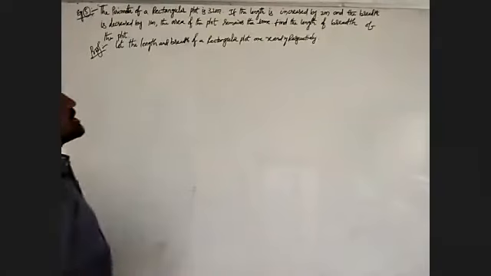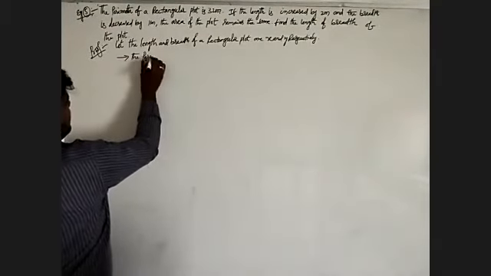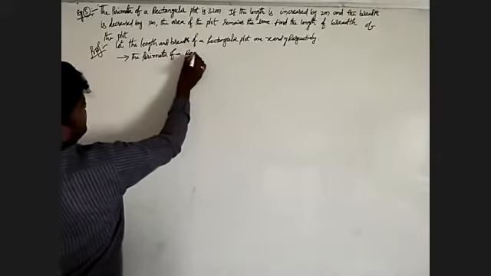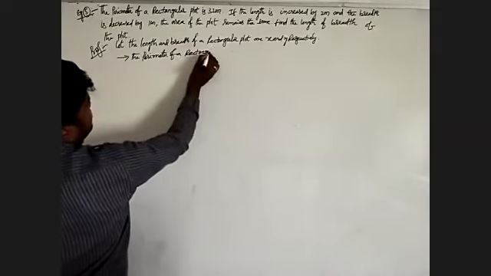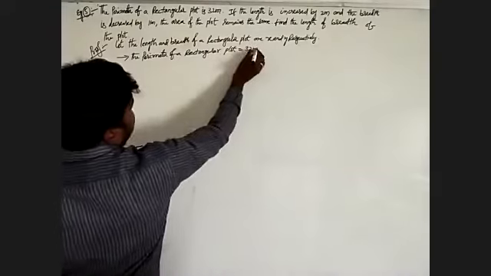What is the condition given in this problem? The perimeter of a rectangular plot is equal to 32 meters.